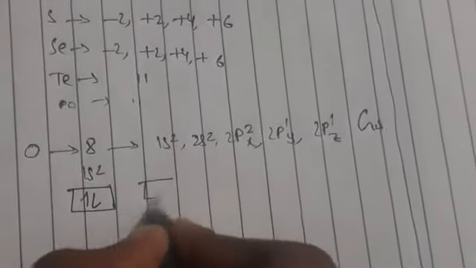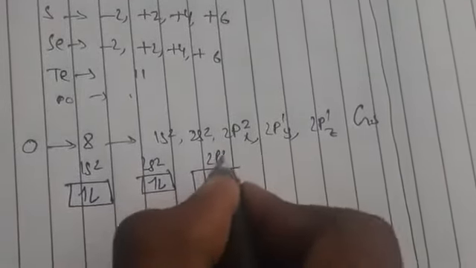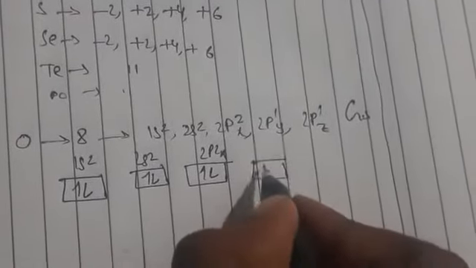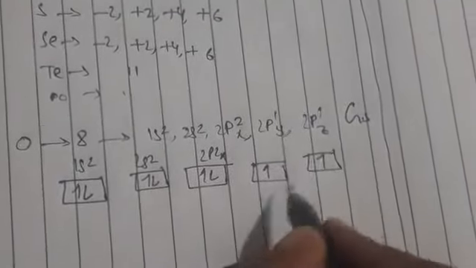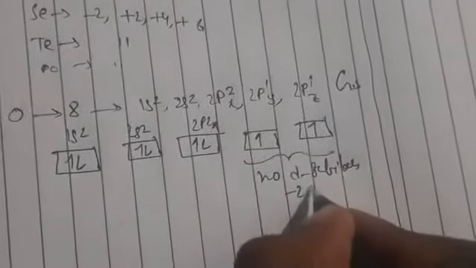So when you write this here, 1s2, 2s2, 2p2x, 2p1y, 2p1z. So what does it mean? No d orbitals. So that's why it is exhibiting -2 oxidation state.